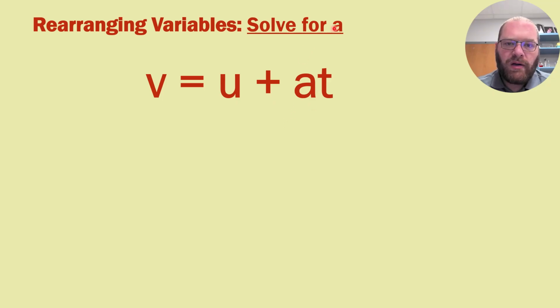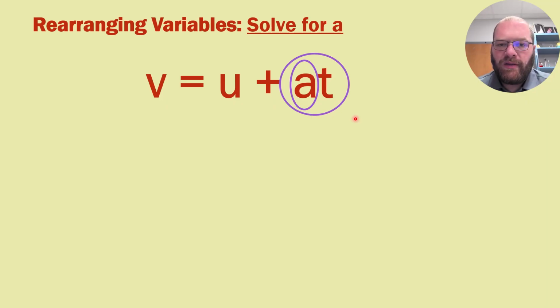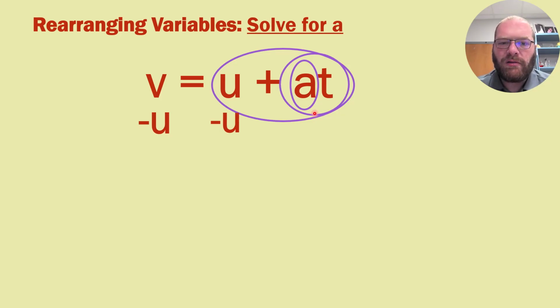Here it asks us to solve for A, so A becomes our center. A times T is the next thing done to A, and then we add U. That takes care of everything on this side of the equation. We're trying to get A by itself, so we undo the outer layer, subtracting U on both sides.